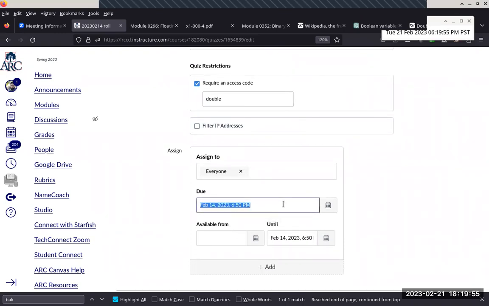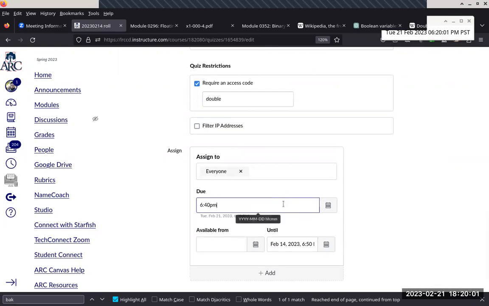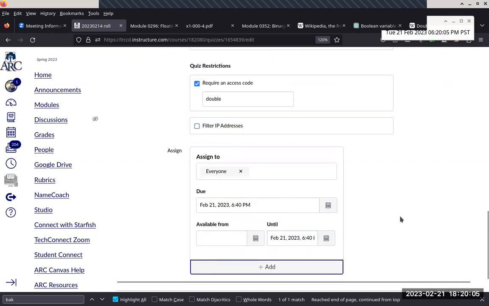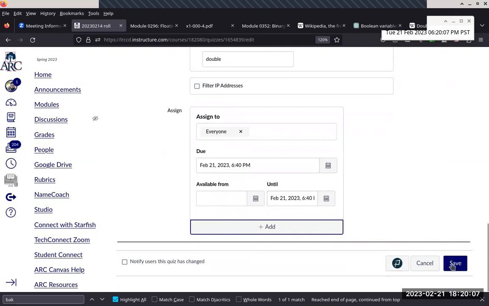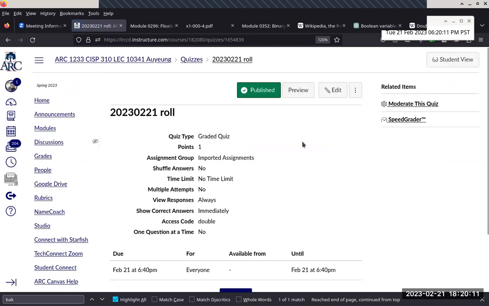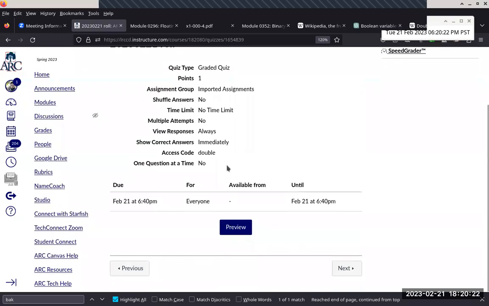And I'll give you guys until, what time is it now? 6:40 p.m. That's plenty of time. All right, so save. If you refresh now, you should see the roll taking activity called 20230221 roll at the end of the module. And the access code is double.